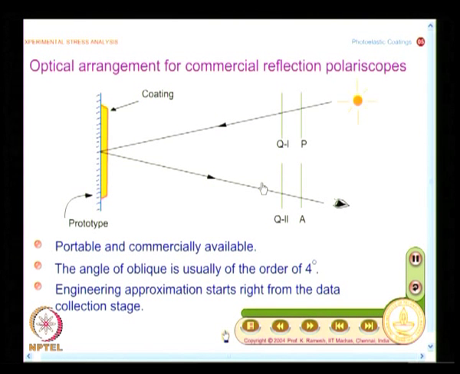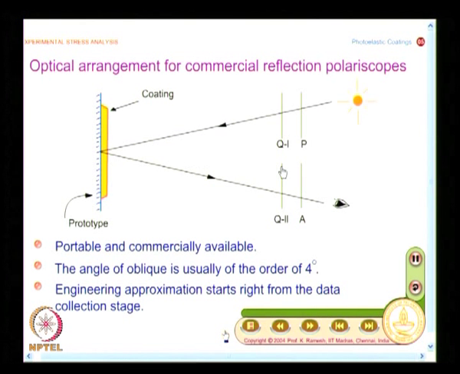And you already know P denotes polarizer, Q1 denotes the quarter wave plate 1, and you have the quarter wave plate 2 and you have the analyzer. So, in order to maintain the angle of oblique as small as possible, you keep your optical elements at least about 2 meters from the specimen surface, because if I get it very close then the angle of oblique will increase.